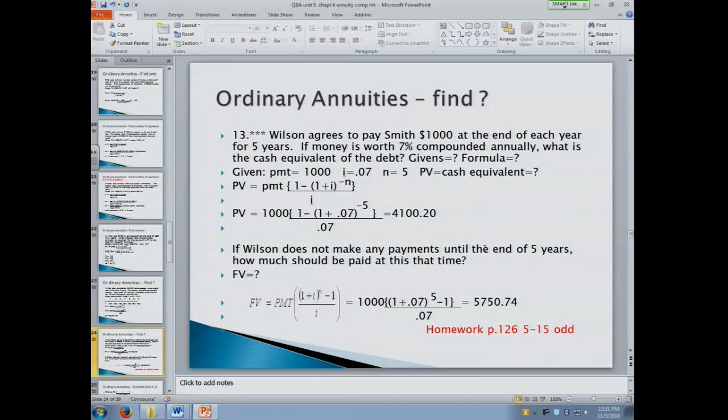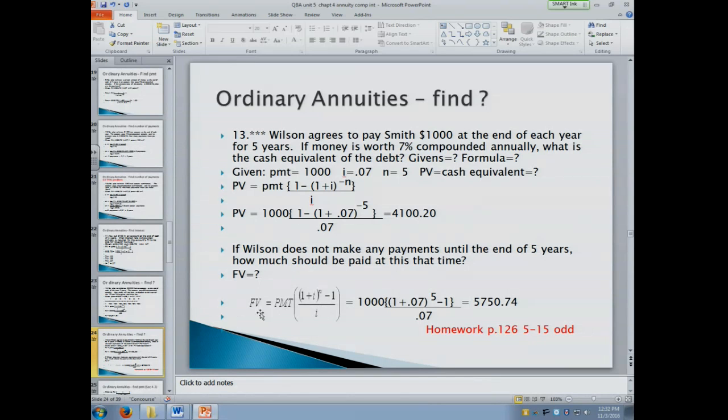If he does not make any payments until the end of the 5 years, how much should he pay at that time? So now he's saying, you know what, I don't have any money. I'm not going to retire. I'll give you money from my 401k in 5 years when I retire. How much will it be worth then?